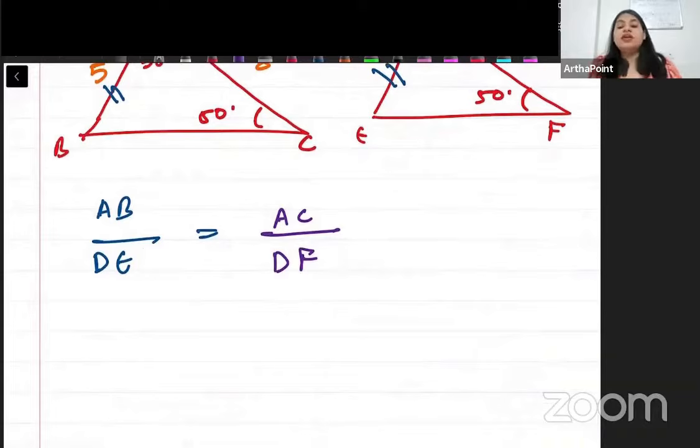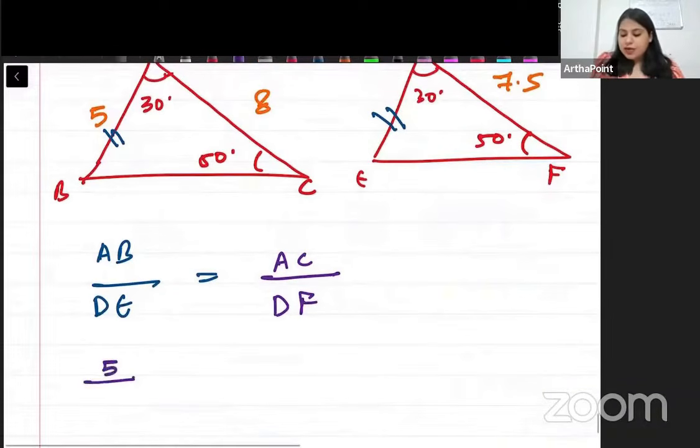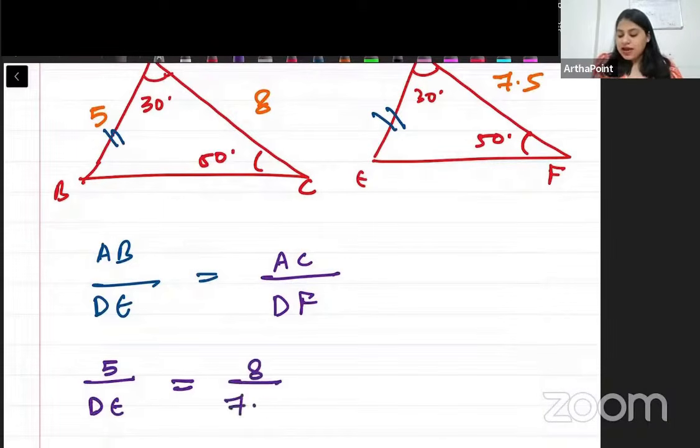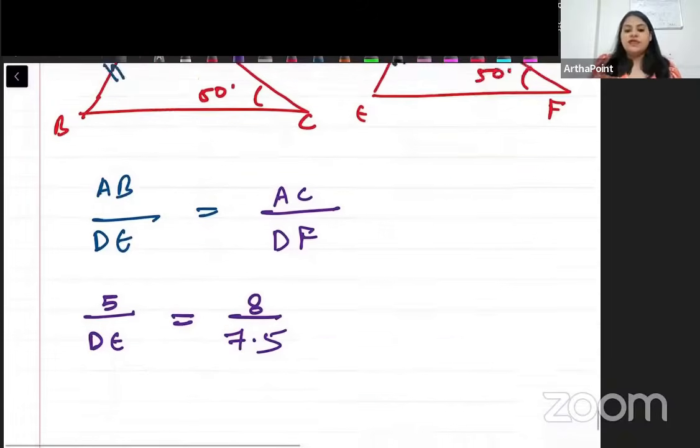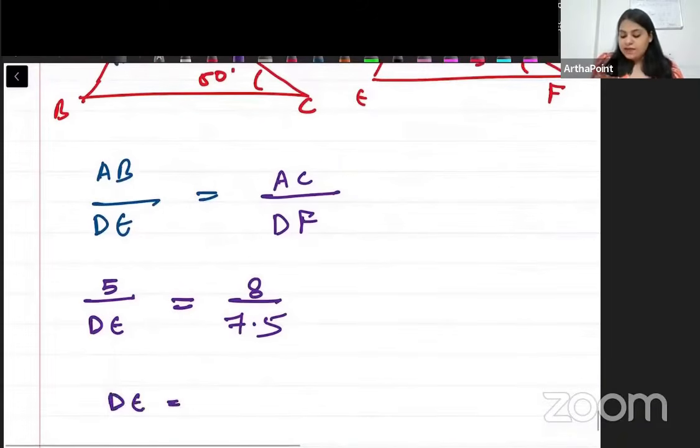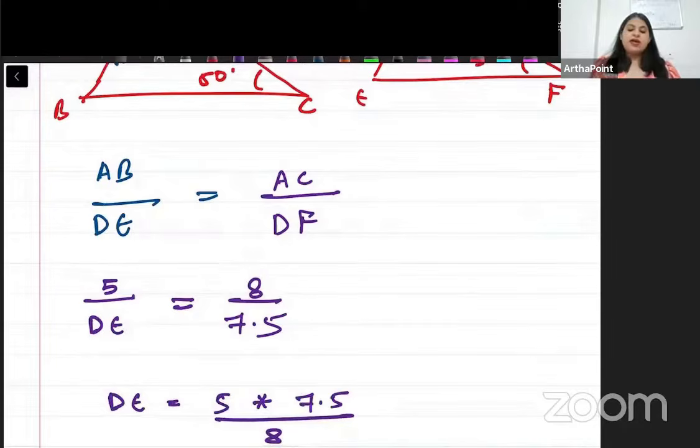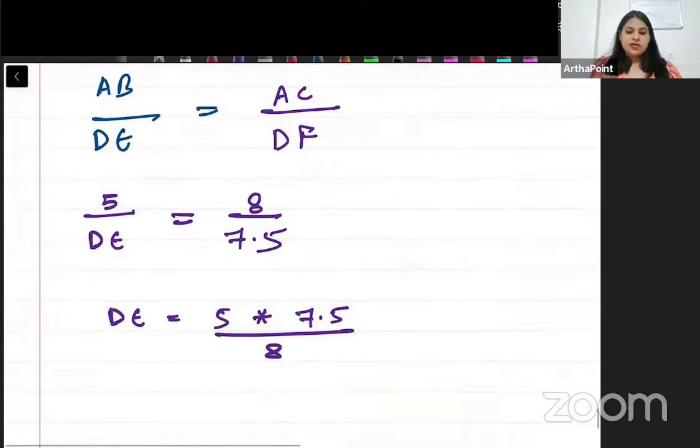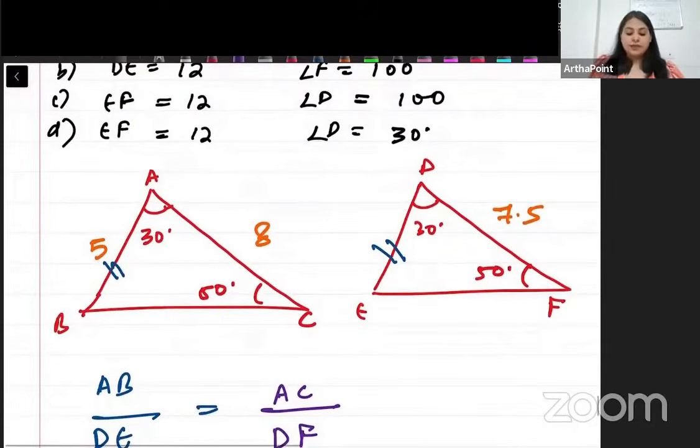Sides have to be in equal ratio. So what will be DE? 5 into 7.5 divided by 8. That will be your DE.